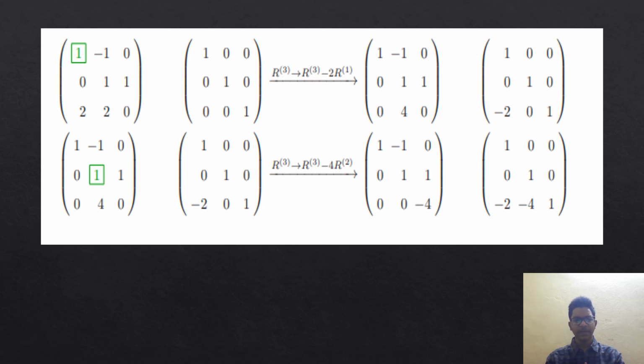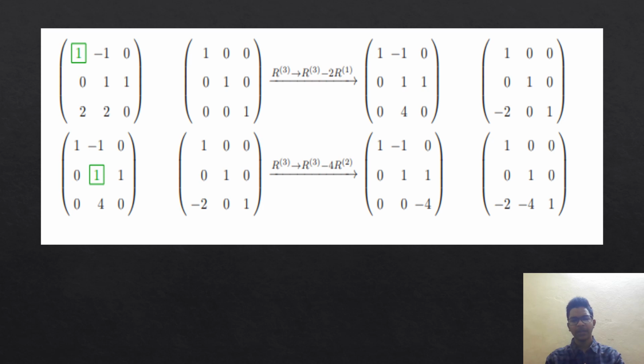And then again we take the middle element of A as the pivot: [1, -1, 0; 0, 1, 1; 0, 4, 0] and the identity-side matrix we got above, [1, 0, 0; 0, 1, 0; -2, 0, 1].